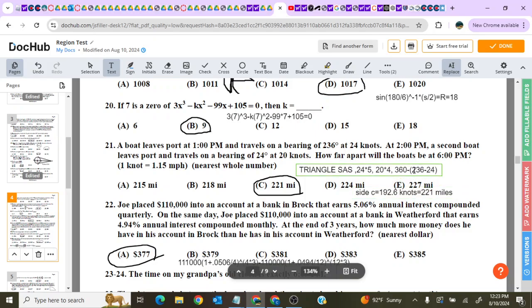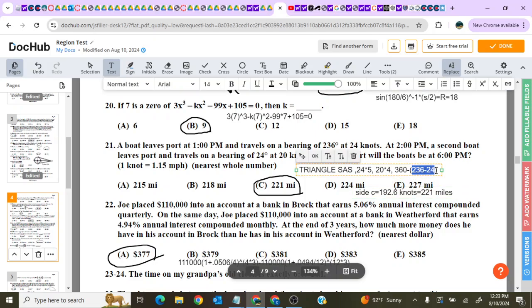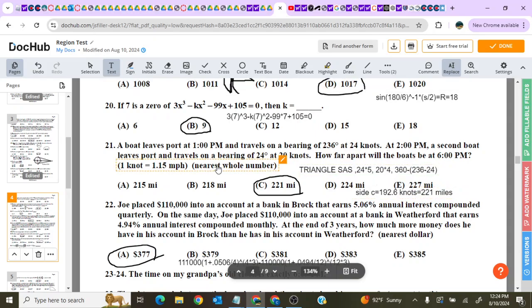So 360 minus 212 will be your angle. Then once you do that, you'll get a side of 192.6 knots, multiplied by 1.15 to convert to miles. Technically, it's not really knots. Knots is a measurement of speed, but you get what I'm doing. Multiply by 1.15 and you get 221 miles.